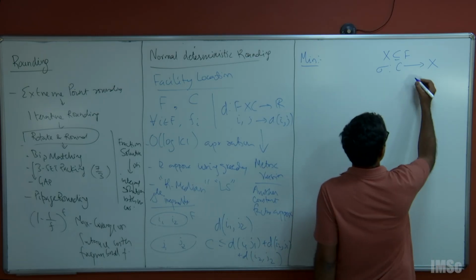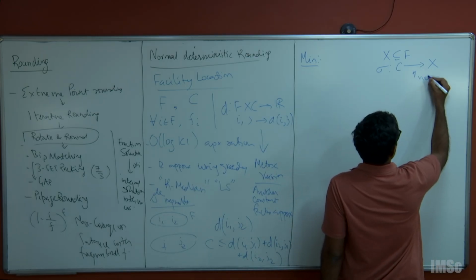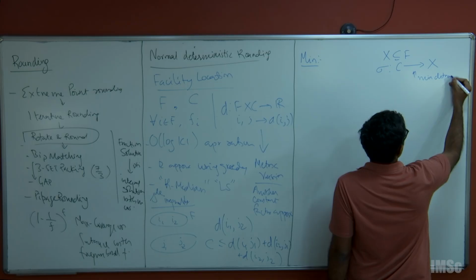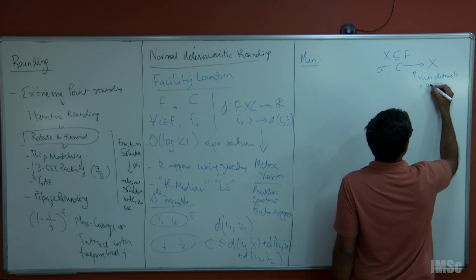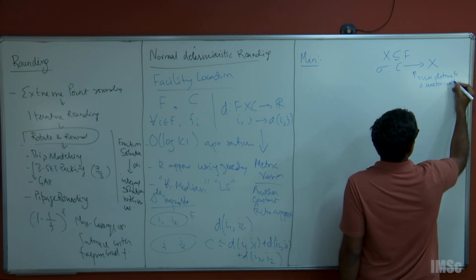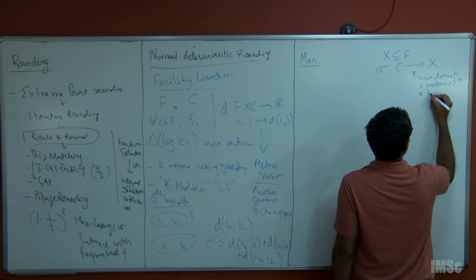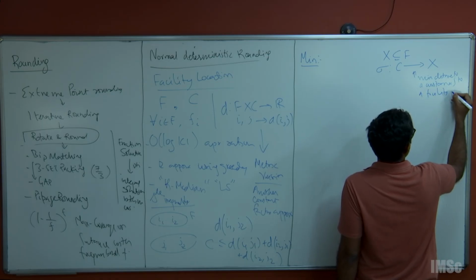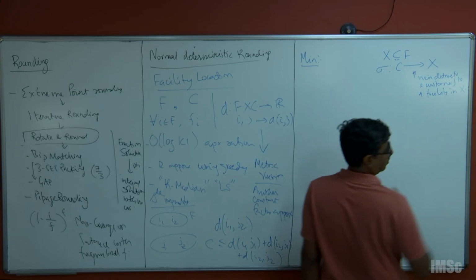So this is fixed, right? Minimum distance from a customer j to a facility in X. Okay, so this is what the sigma function is.